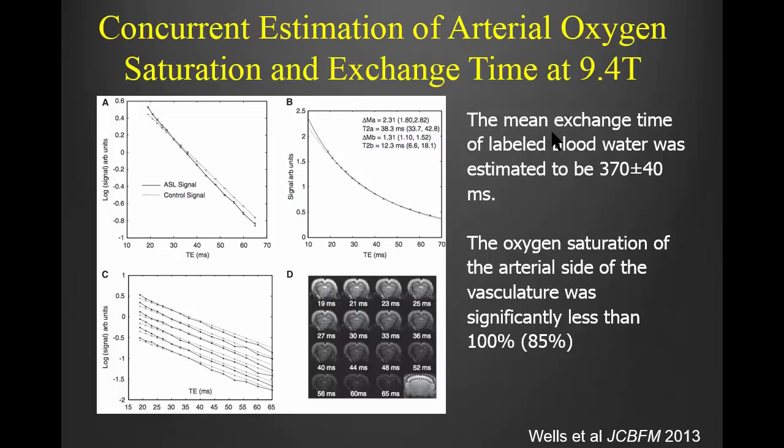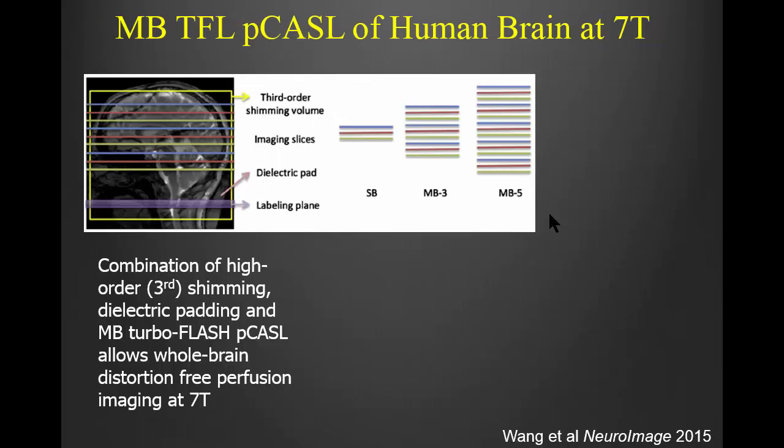They were able to estimate the water exchange time to be under 370 milliseconds, which is very close to what we've seen in humans. At the same time, they were able to estimate the oxygen saturation of the arterial side. There's still a challenge on the venous side, but they estimated the arterial oxygen saturation to be only 85% instead of 100%. So this is a very interesting study.